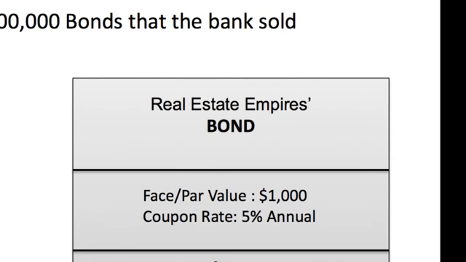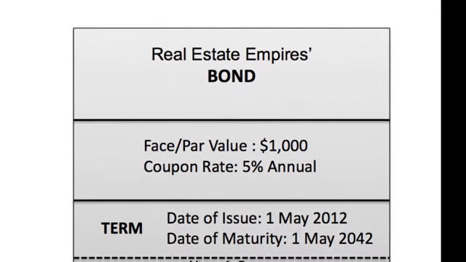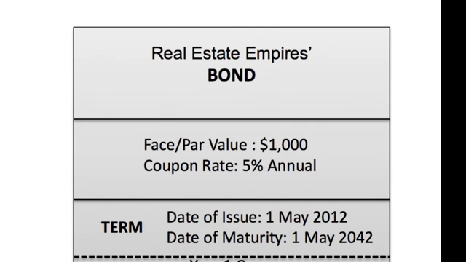And so let's move down and look at the term. Okay, and as we look at the term, we can see that the date that this bond is issued is 1 May 2012, and the date that the bond becomes mature is 30 years later on 1 May 2042. And so when Jesse buys that bond from the Real Estate Empires company, he buys that bond on 1 May for $1,000.